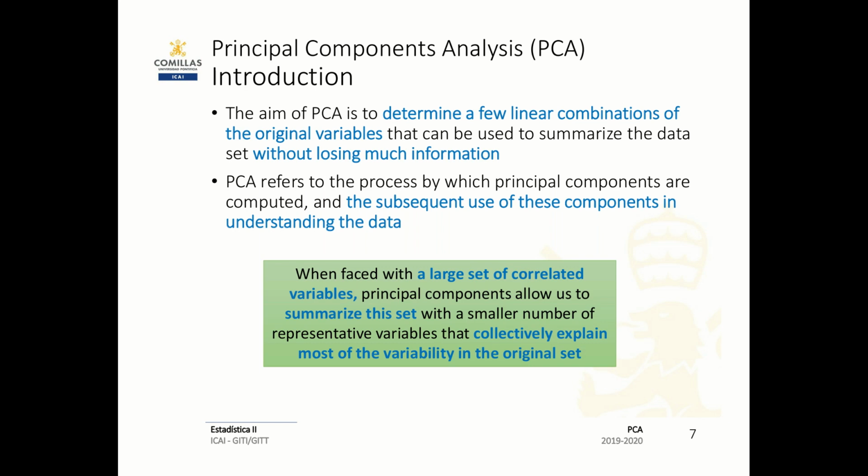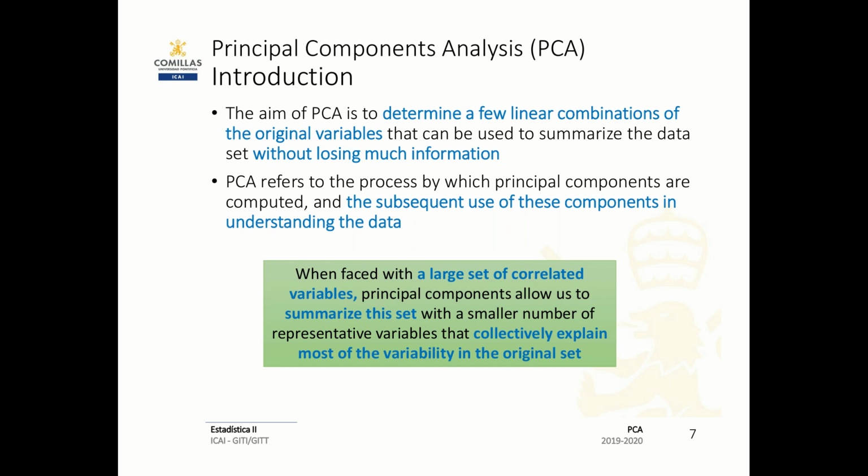So PCA is also used to determine linear combinations of the input variables that can be used to summarize the data without losing much information. And this information will be quantified through the concept of variability. So we want to have as few variables as possible that explain as much of the variability as possible.